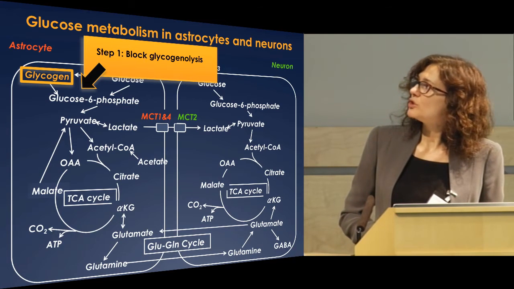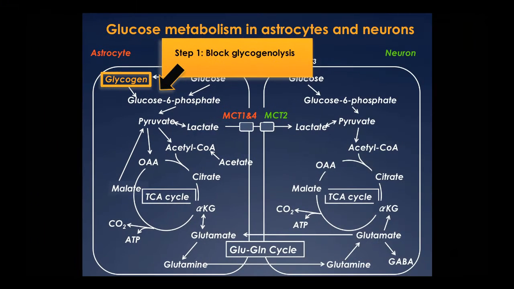So they block glycogenolysis by injecting directly into the dorsal hippocampus bilaterally DAB, which blocks the breaking down of glycogen to glucose 6-phosphate, so this step. When they blocked that, they found that long-term memory formation was impaired, that this deficit was rescued by giving lactate, suggesting that lactate was the key molecule for this impairment.